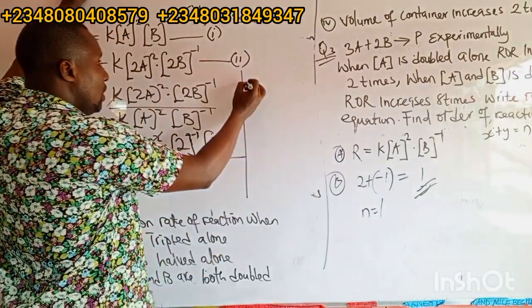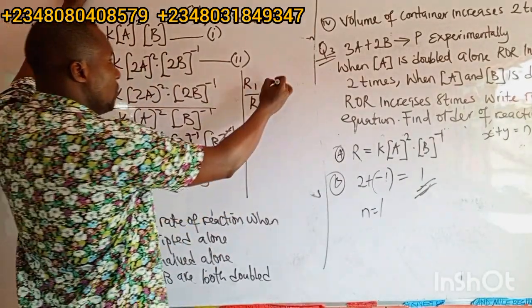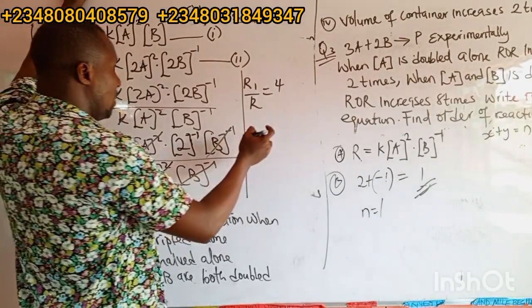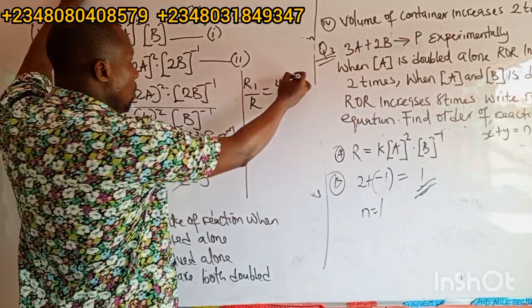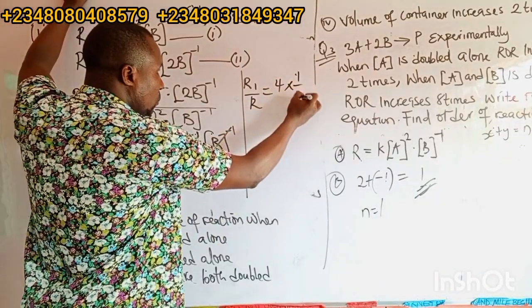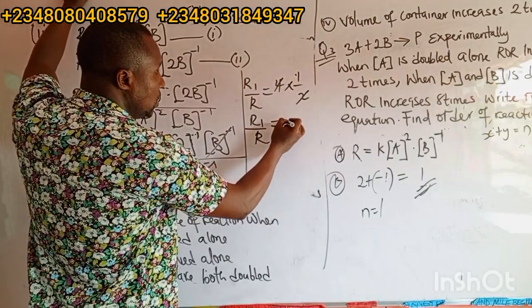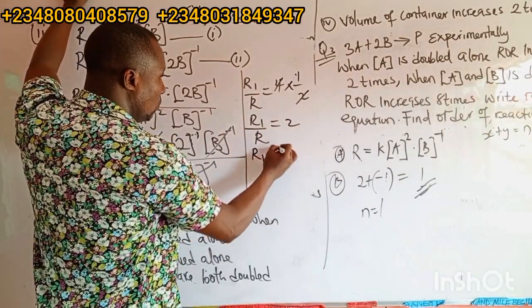From there now, R1 over R equals 4 times 1 over 2. 2 here, 1, 2 here. We have R1 over R equal to 2. Therefore, R1 equals 2R.